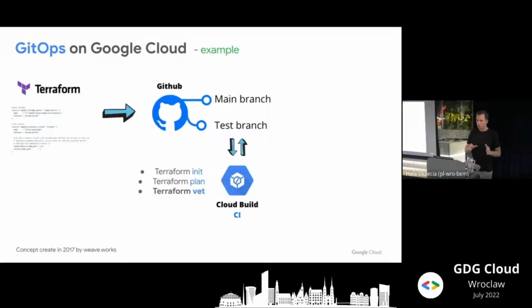When you make a code change on the test branch, in our example we're going to trigger a CloudBuild task. That CloudBuild task is going to do Terraform init, Terraform plan, and Terraform vet. Essentially, it's going to take that code, install all relevant components to run, and prepare the plan.